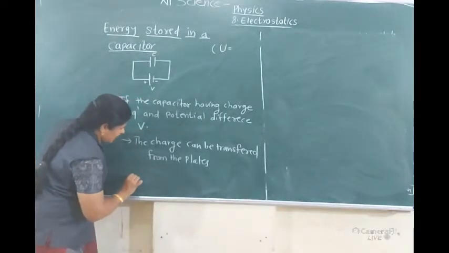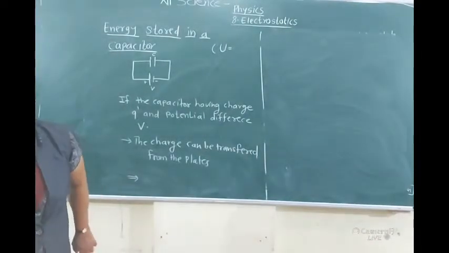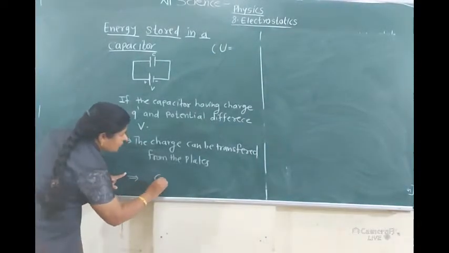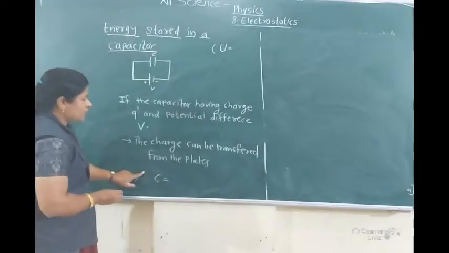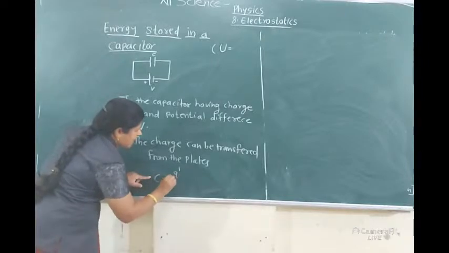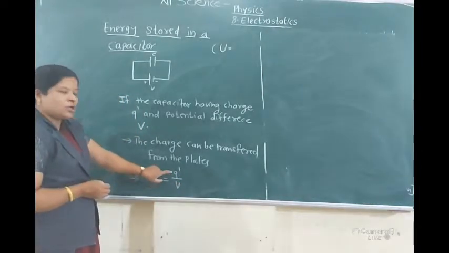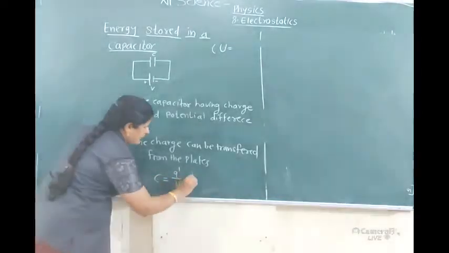So we get the formula for U. C is the capacitance of the capacitor, C is equal to Q dash divided by phi.